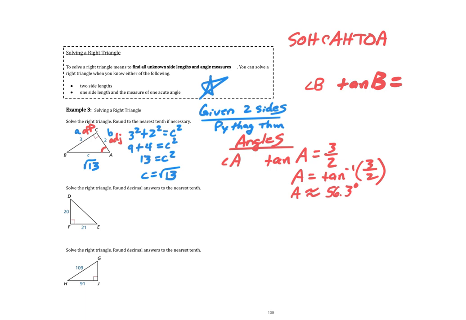So those two are just going to flip-flop. So I could do the tangent of B equals 2 over 3. And so if I wanted to put it in my calculator, I could do the tangent of -1 of 2 over 3.